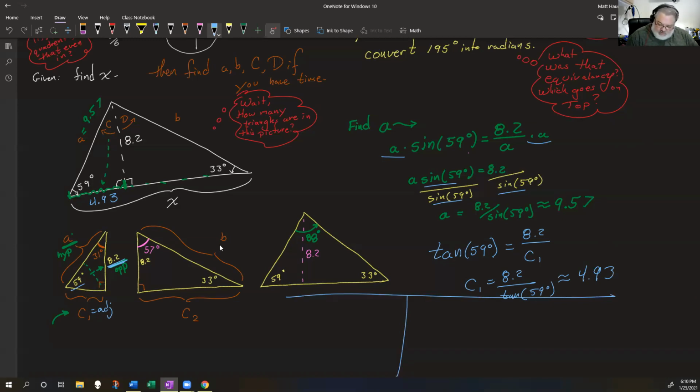Then what about this B? What trig function are we going to use? Cosine? Okay, if you want to use cosine, that would be cosine of what angle? The 57.